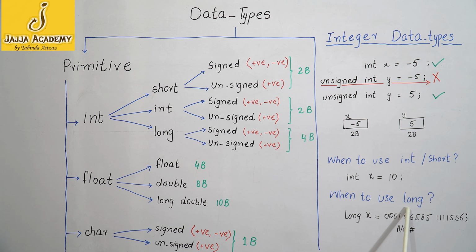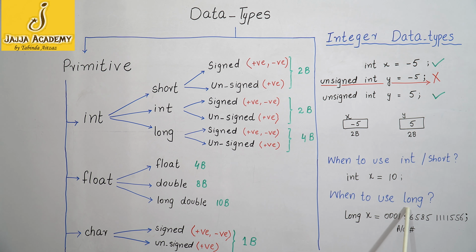In this example, I have declared long x and assigned this account number, which contains 16 digits. In order to store these 16 digits, I have the only option of the long data type. Neither the short data type will support this number nor will the integer data type support this long digit value.